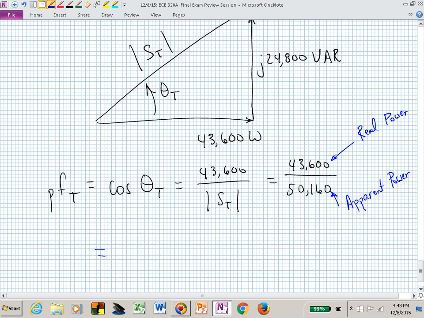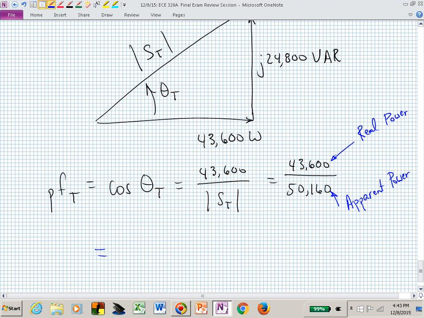Now, if your calculator died, you could just write that ratio. You might have had a hard time finding the 50,000, but irrespective of that, you now have the magnitude of S sub t. What could you tell me about power factor? What do you have to tell me about a power factor? Pardon?